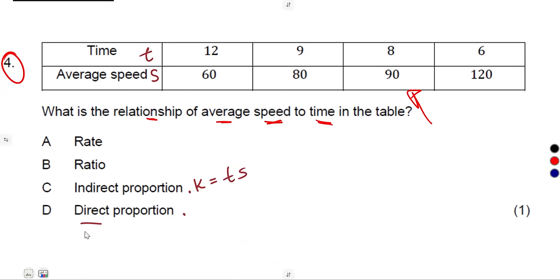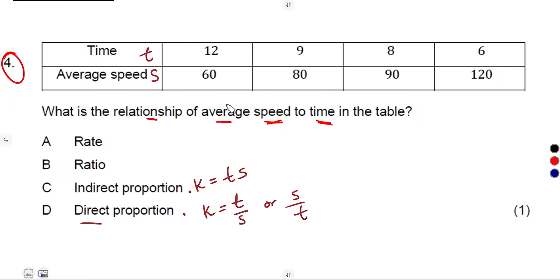Then direct, because those are the two that we are supposed to test. It must be a result of the division of the two, the time to the average speed. It must be your constant. So it's supposed to be t over s, or we can use s over t. So let's test and see.